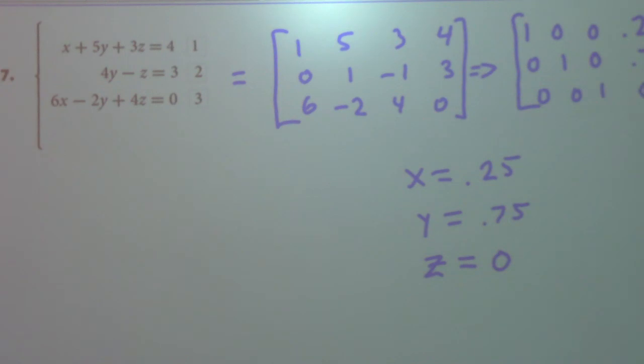So that's what it looks like. So we have 0.25, comma 0.75, comma 0. That'll be our answer.